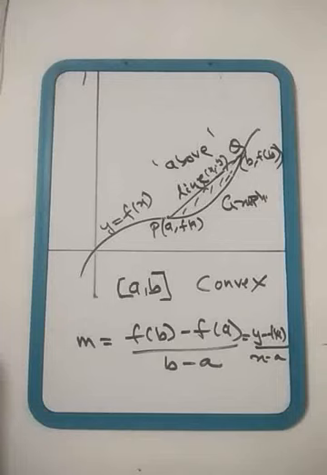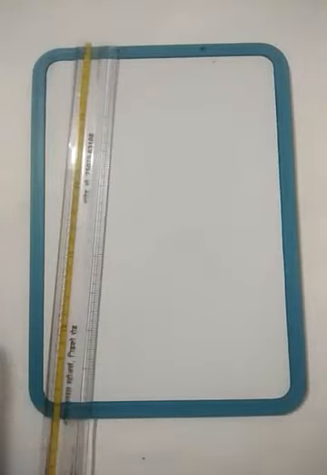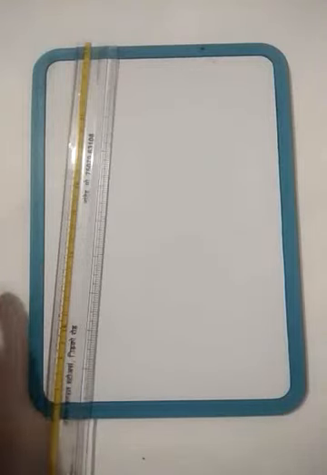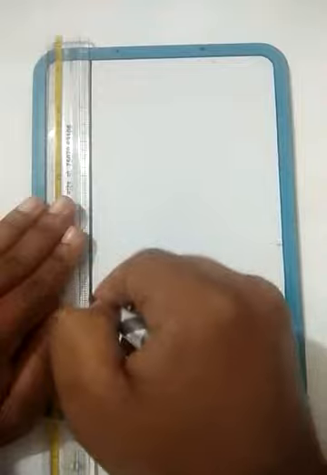Okay. So we'll try to focus on a line segment and try to see the condition of convexity and differentiability, the relation of the second derivative and convexity. Let's draw a line first.